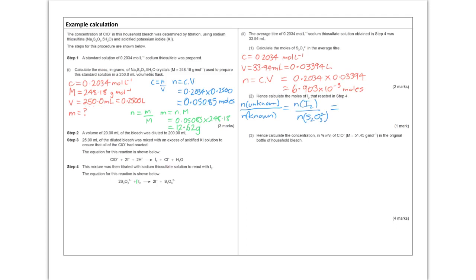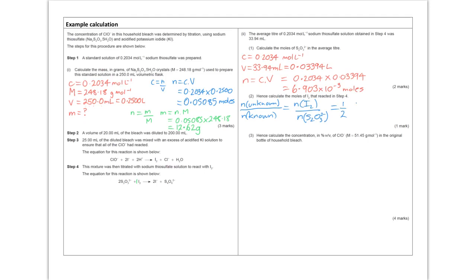Now, the numbers we put up here, like a fraction, are straight from this equation. So the number here for iodine is 1. The number for thiosulfate is 2. They're our stoichiometric numbers for this equation. So we just put them in there like that. And then we can rearrange that equation.